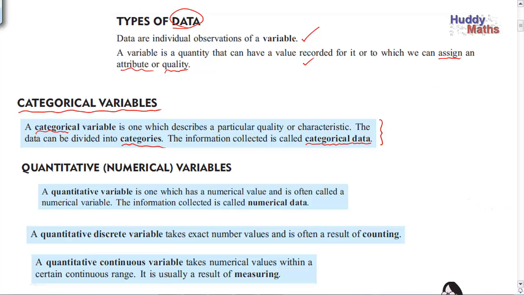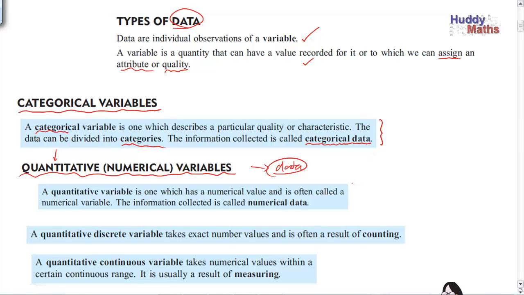And what's the other type, which most people think about when you're measuring a variable and you get data there, and they consist of numbers? Well, that's called quantitative, or it's a quantity, and it's got a number measurement.